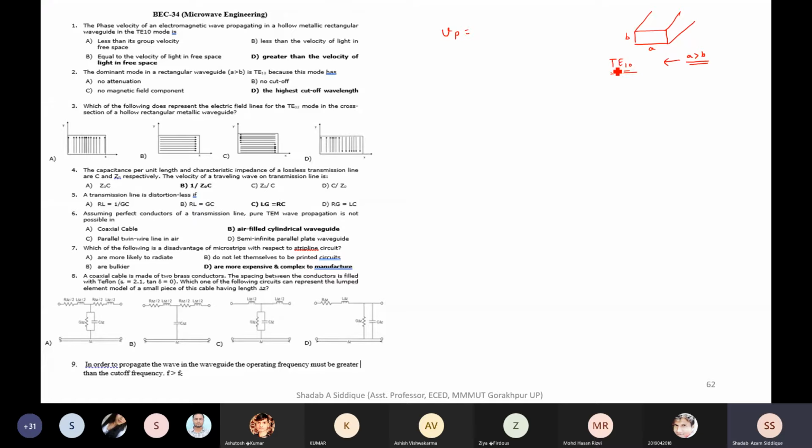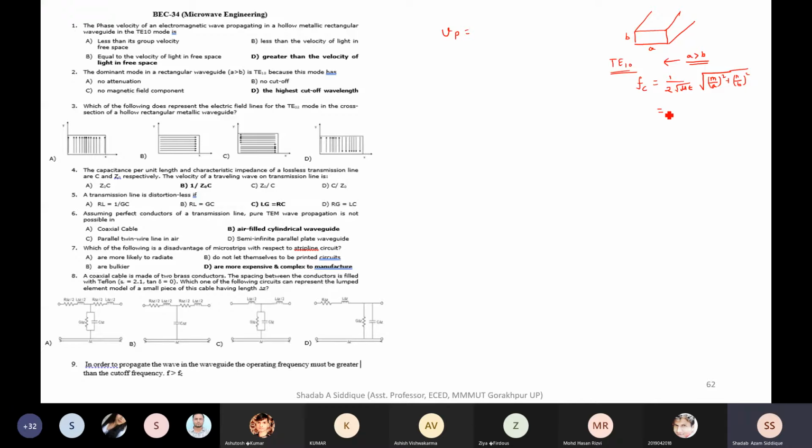Or if you check the wavelength, it will be the highest. The cutoff frequency which we have seen earlier is 1 by 2 root under mu epsilon, times the square root of (m by a) whole square plus (n by b) whole square. That was the cutoff frequency for the rectangular waveguide.